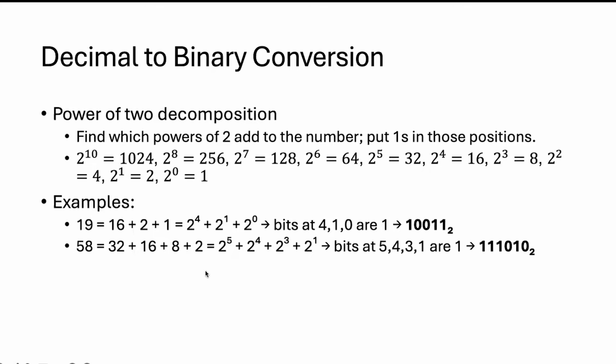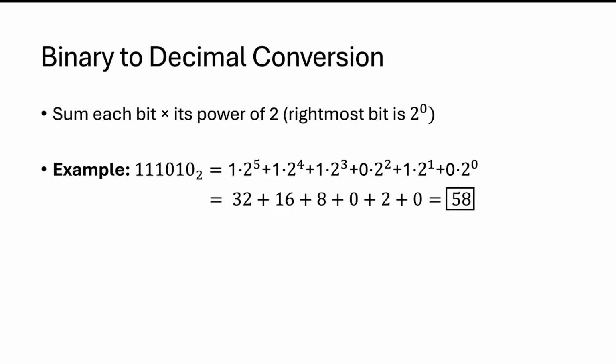Converting that into powers of 2, we have 5, 4, 3, 1. Those are the bits that need to equal 1, and all the others will be 0. We put a subscript 2 over here, which means that it is a binary number. You can go ahead and practice with some other examples to convert decimals to binaries.